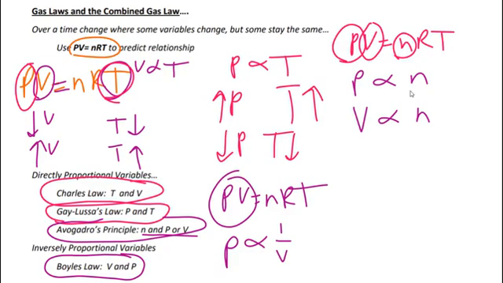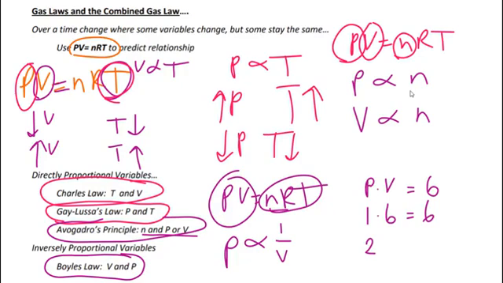And if you think about it, if I were to write this in simpler terms, let's say that nRT, we multiply all three of those together, and we get, let's say, a simple number to work with, 6. All right, so let's say I have P times V equals 6. Let's just say I had a pressure of 1 and a volume of 6. 1 times 6 equals 6. Well, let's say I increase my pressure from 1 to 2.